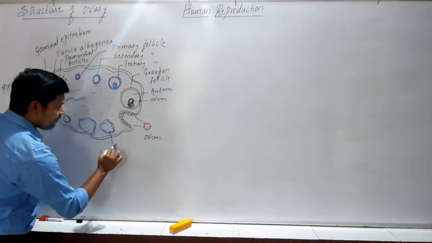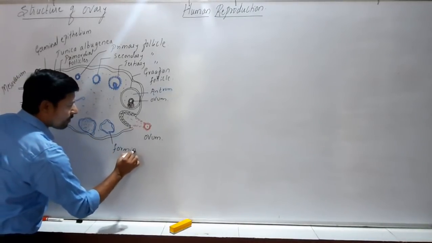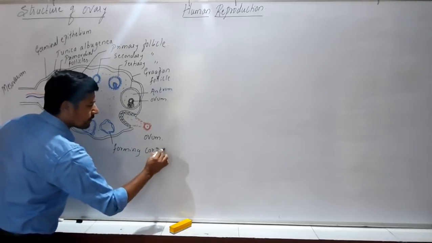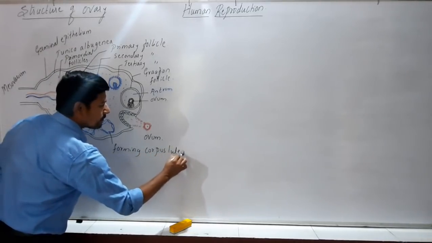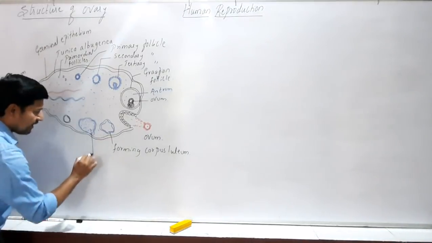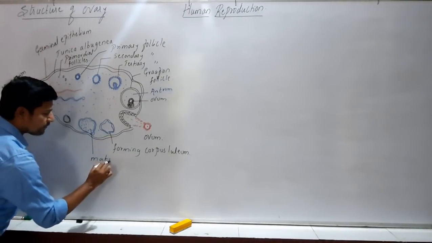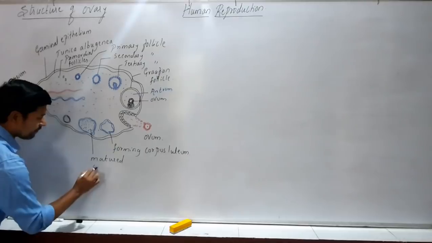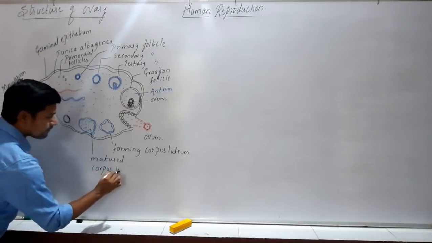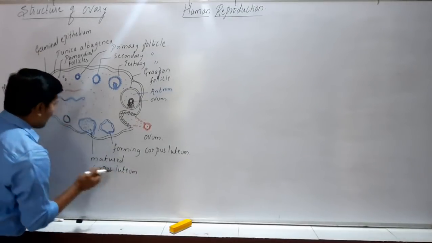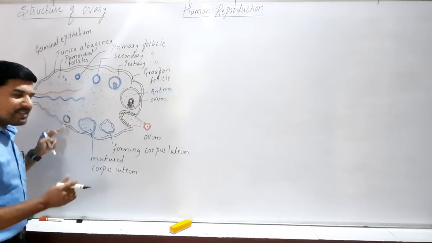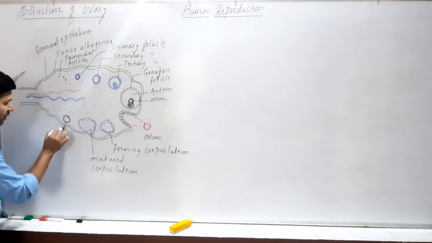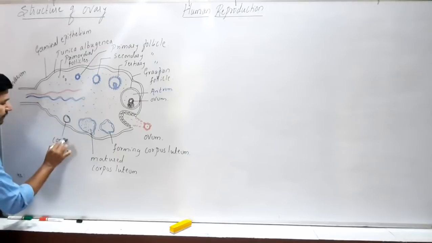This is the forming corpus luteum. This is a matured corpus luteum, and this one is a degenerating corpus luteum, which is called the corpus albicans.